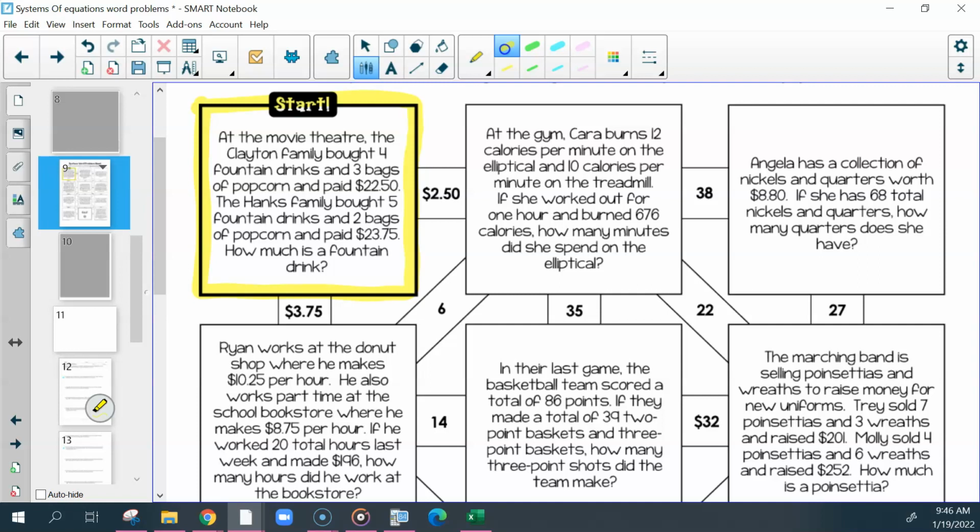What did we find was important here? Anything else you see that's important?